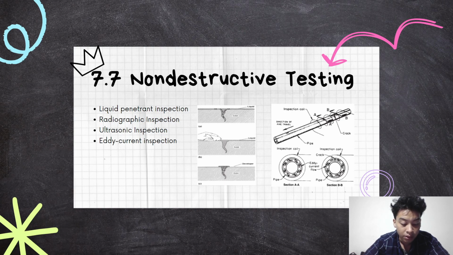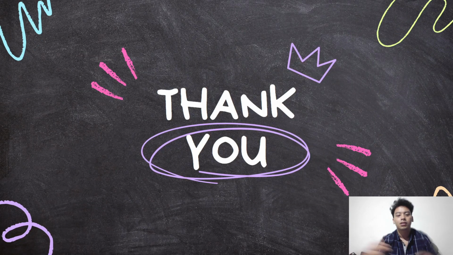The liquid penetrant inspection process is shown in Figure 7.26. A discontinuity open to the surface of a specimen.